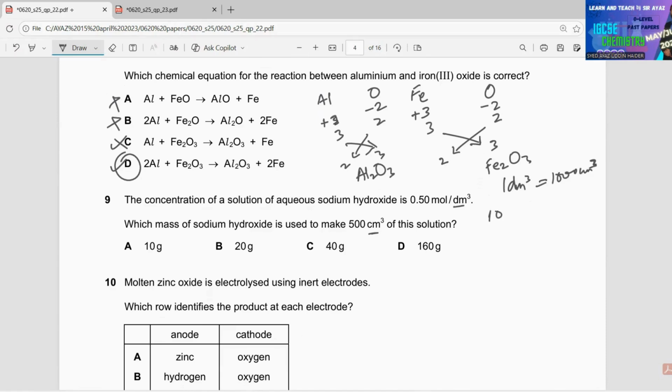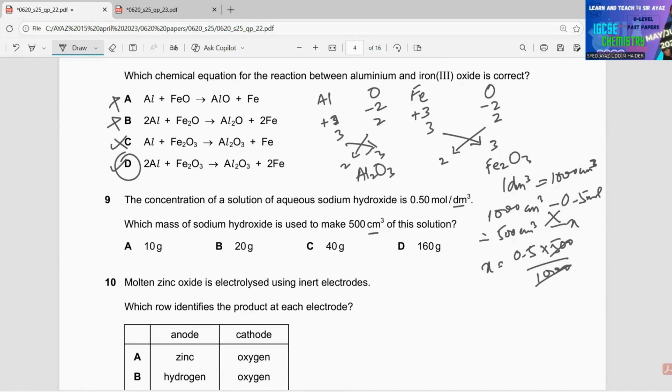So which means that 1000 centimeter cubes, according to this concentration, contains 0.5 moles. Therefore, 500 centimeter cube contains X mole. So X becomes equal to 0.5 multiplied by 500 divided by 1000.